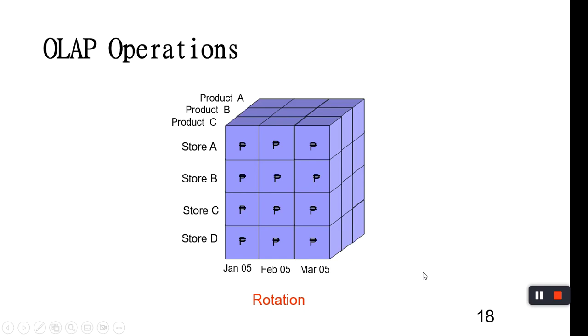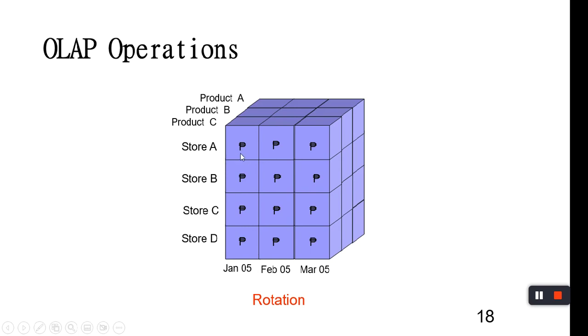And then this is rotation, axis rotation, or pivot. If you can still recall the original data cube, in this portion what was shown are the months, in this dimension what was presented are the products, and in this dimension what was presented are your store numbers, store names.